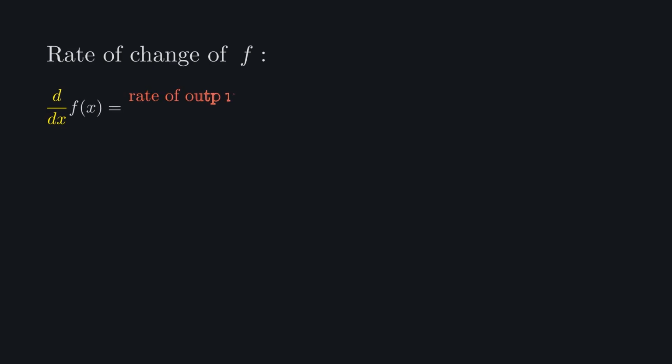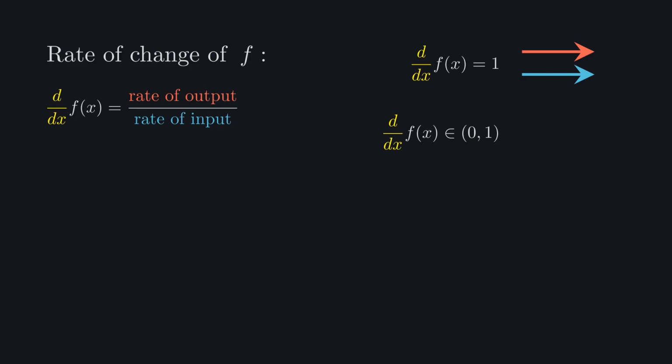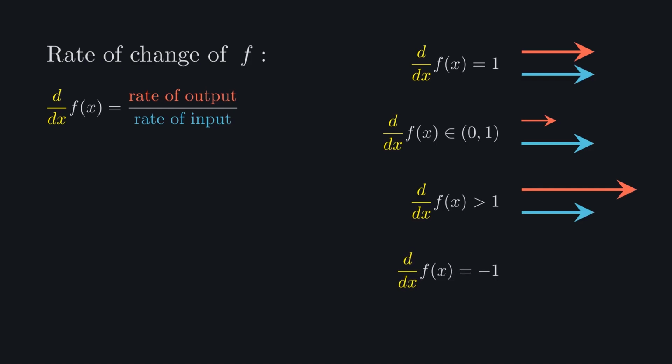It expresses this rate at which the output grows relative to the rate at which the input is fed into the function. The rate of 1 means that the output of the function gains exactly as much value as the input does. Between 0 and 1 means the output grows slower than the input, larger than 1 that it's faster, and negative that it goes down as the input progresses.